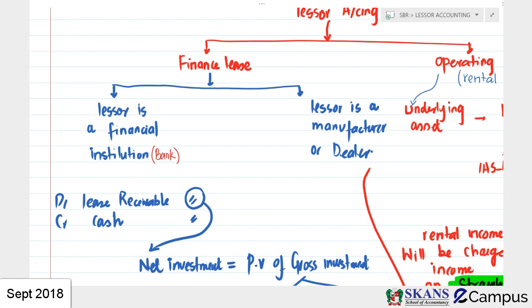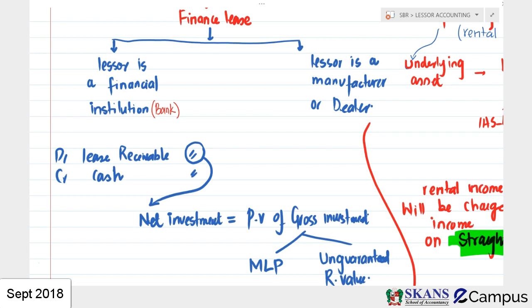What is the difference? Just see what the accounting is if the lessor is a financial institution. A bank as a financial institution is not selling the asset. They are actually giving a loan in the name of a lease.